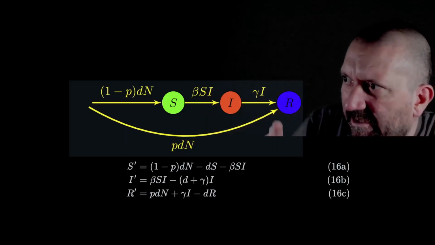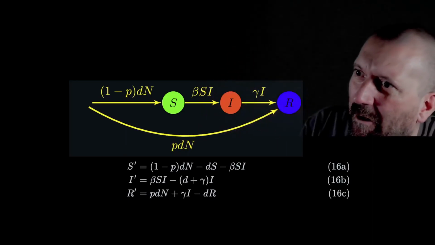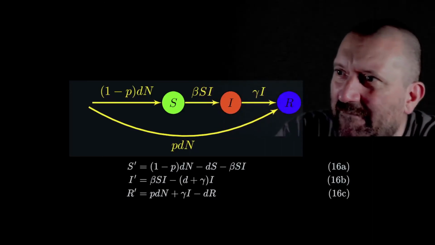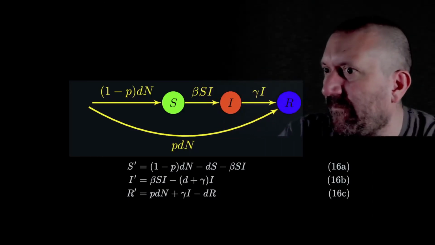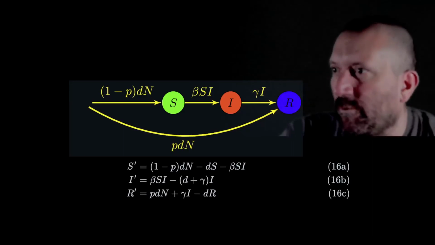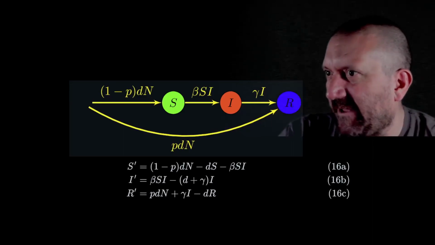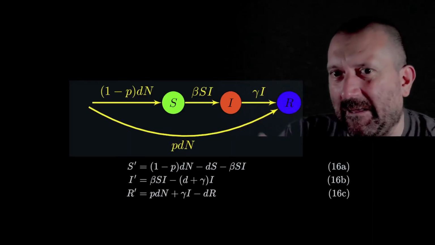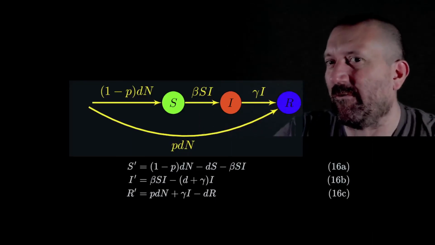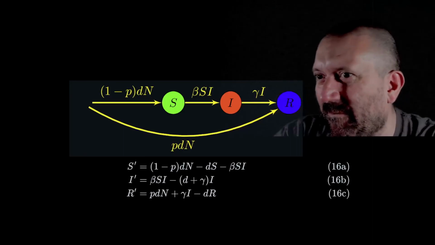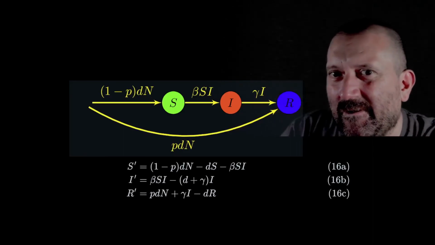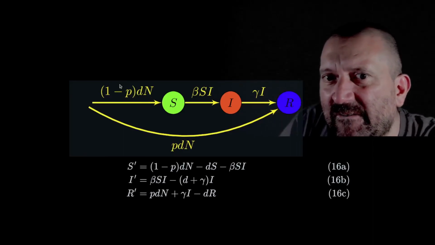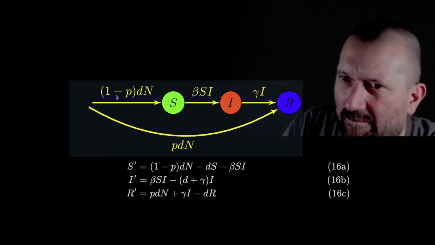Because there's no return from R into S, this means they're out of the susceptible population for good. They cannot be infected. So vaccination has a permanent effect, and the effect is to remove people from the pool of susceptibles.